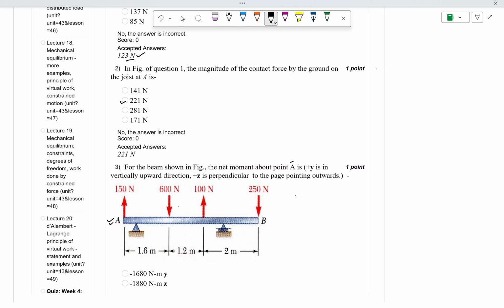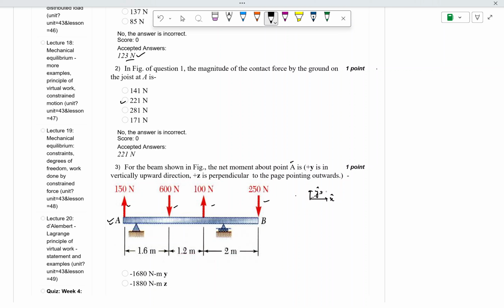There are some forces acting either vertically upwards or downwards, which are this and this one. The distances are also mentioned in meters, and plus y cap is the vertically upwards direction, so this is y cap. Then this will be your x cap, and z cap is basically in 3D.